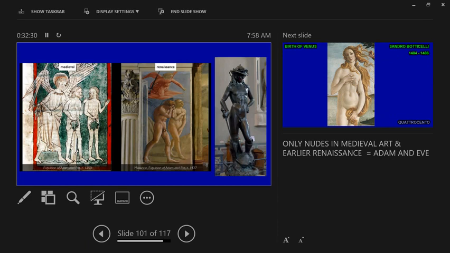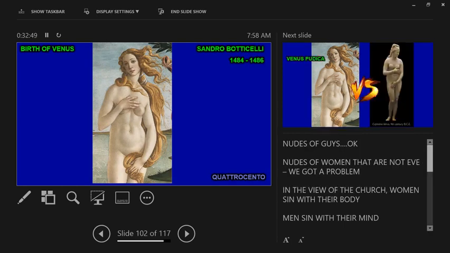But last semester, as we got into the Byzantine through Gothic, all our figures were pretty much clothed. It was very rare to see anything of nudity, whereas the Greek art and the Roman art before that, it was lots of naked people. But having a female figure is kind of a problem.